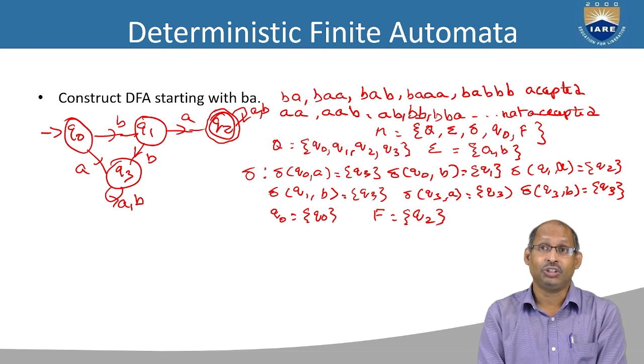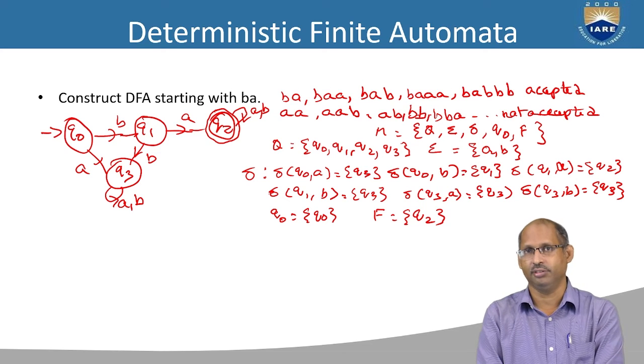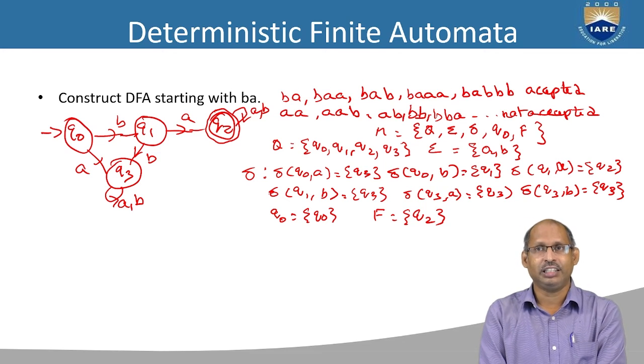Now, we have written the transition diagram and the 5-tuple notation. Then we must write the transition table also. The transition table consists of rows and columns representing the states and input symbols and their output transitions.